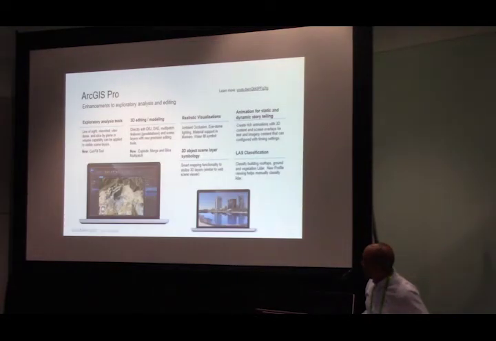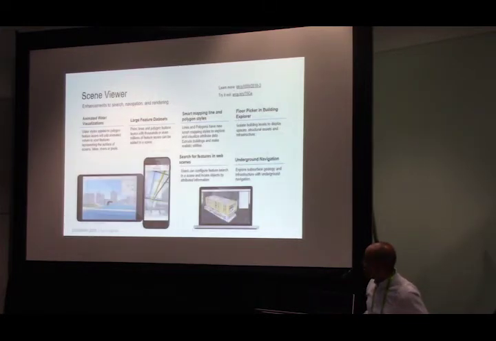I will quickly skip through the different platforms. ArcGIS Pro is our premier desktop application that allows you to author, publish, and consume this. Then the Scene Viewer is the web application that allows you to consume the same kind of content. So across the platform, when we offer a solution, we try to make sure that it is consumable across desktop, web, and mobile.